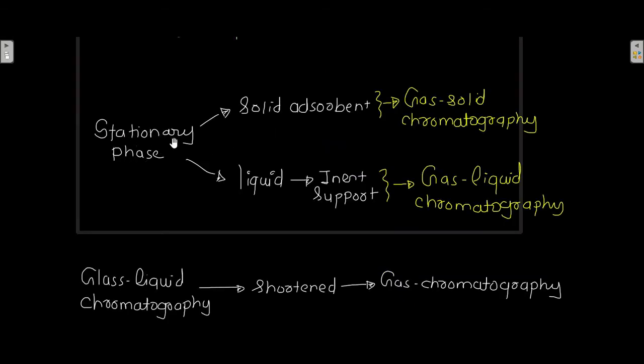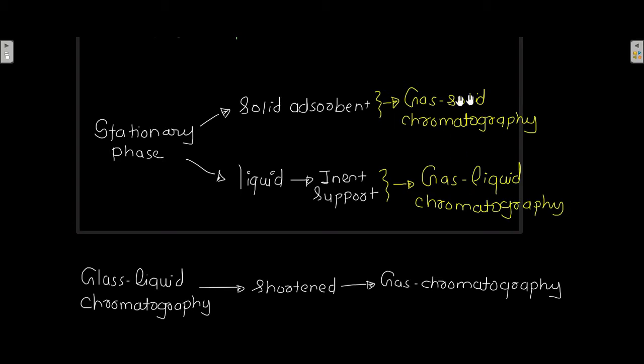Now, the stationary phase used in gas chromatography can be a solid adsorbent or a liquid supported on an inert support. If the stationary phase is a solid adsorbent, then that is known as gas solid chromatography, and if the stationary phase is a liquid which is supported on a matrix, then that is gas liquid chromatography.